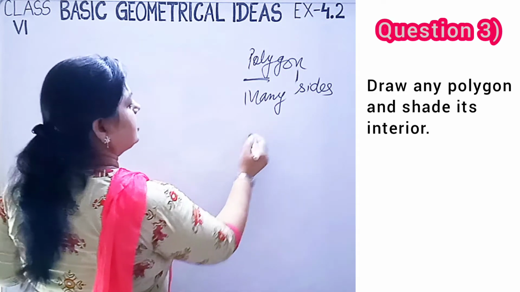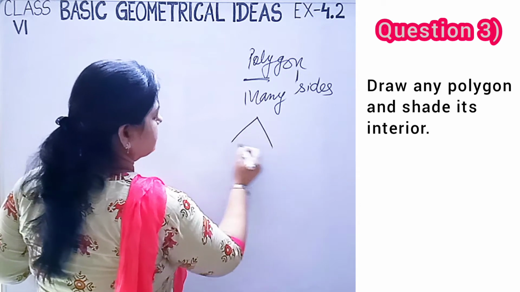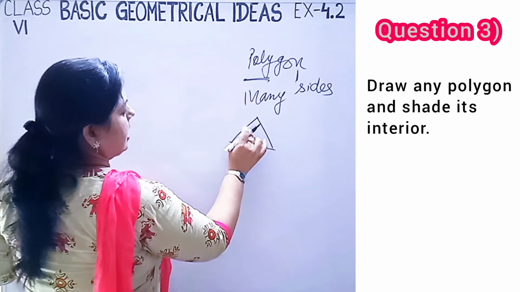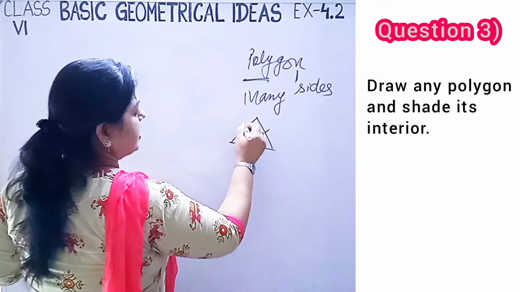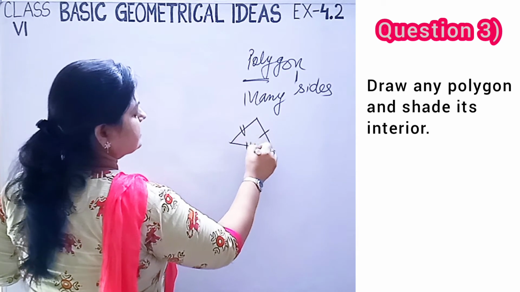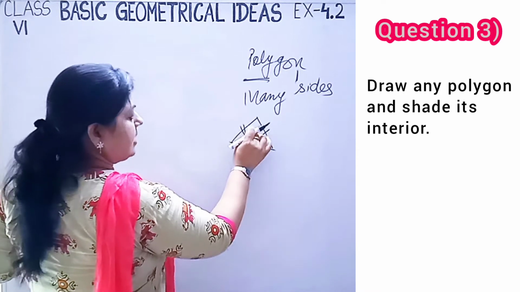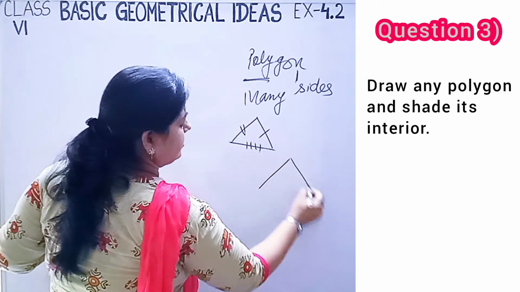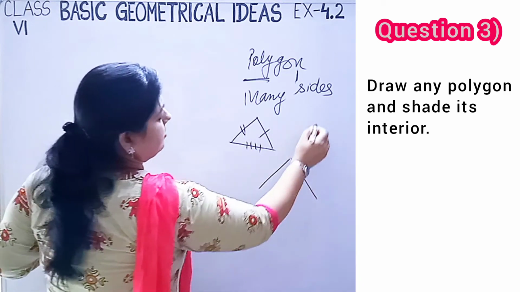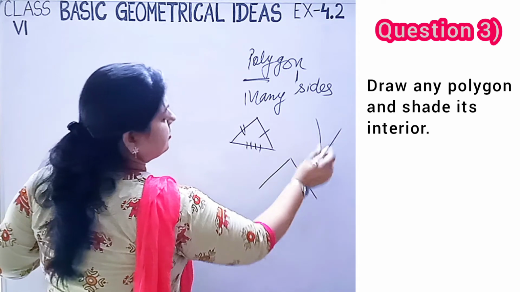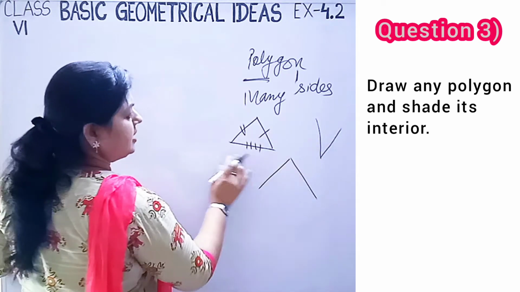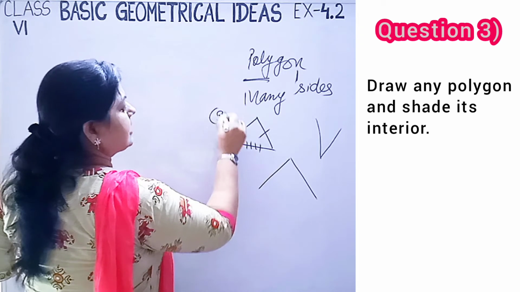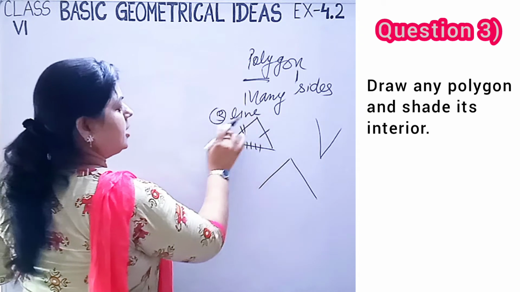For example, this is a triangle, and the triangle is made up of 3 line segments. If I try to draw any figure using 2 line segments, we cannot draw. We will not get any kind of polygon.